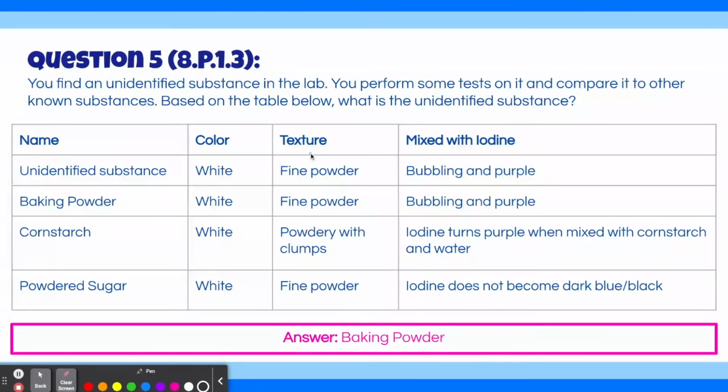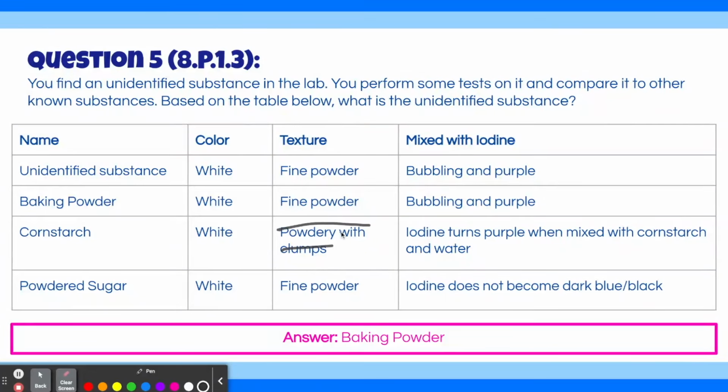The next one given here is texture, also known as shape, which we listed as a physical property. This is also not too helpful because two of the powders, baking powder and powdered sugar, have the same texture as your unidentified substance. However, we can cancel out cornstarch because it has a different texture than your substance. But physical properties can often be applied to more than one substance, as shown here.